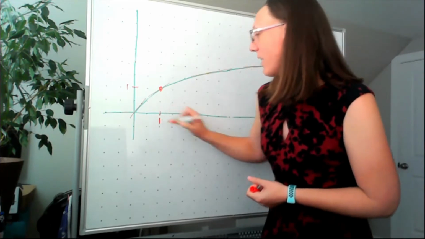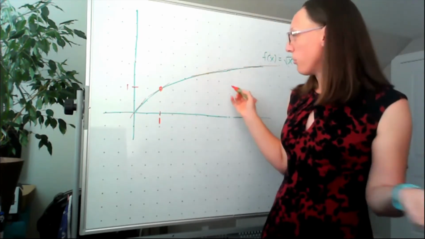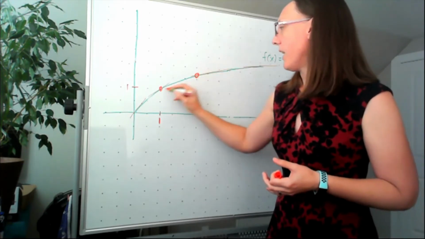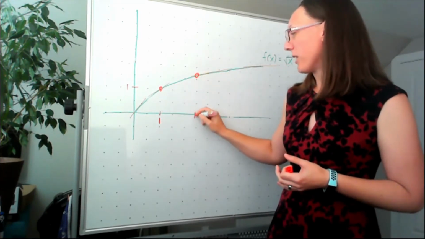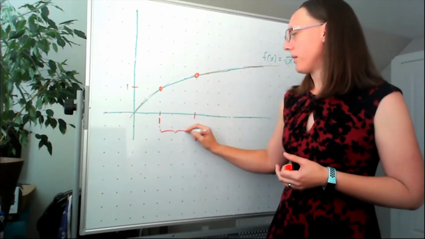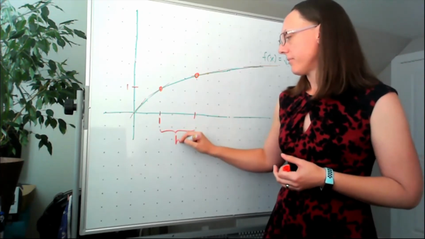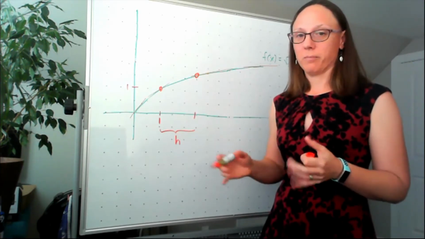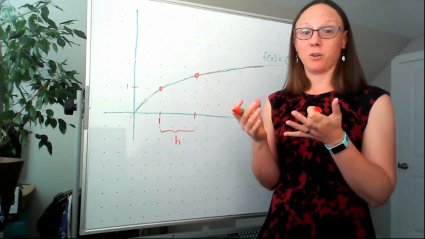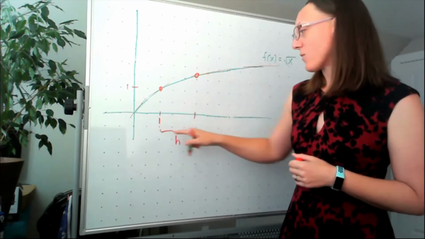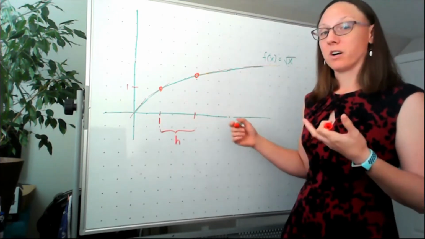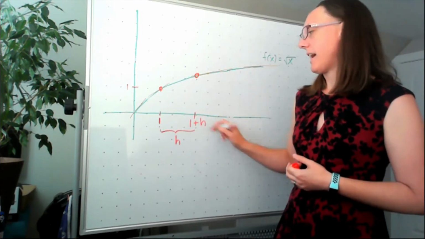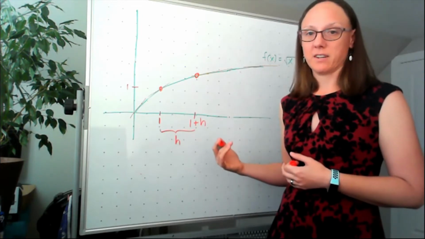So that was an x value of 1, but I'm just going to move over a little bit. How far I'm going to move over, I'm going to move over a hair. I don't really know what h stands for, but we're going to move over just a little bit. So if this was an x value of 1, then when I move over just a little bit, I'm at a value of 1 plus h, as we moved over that distance.